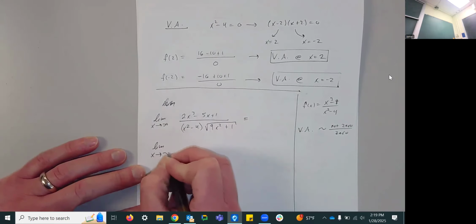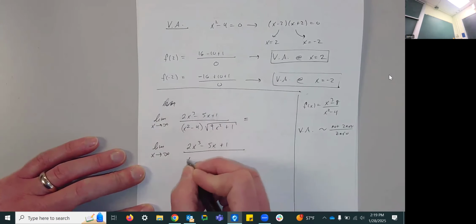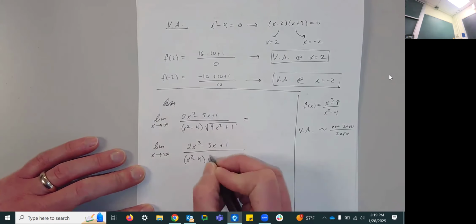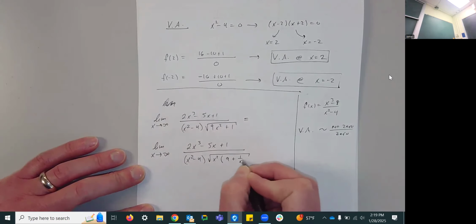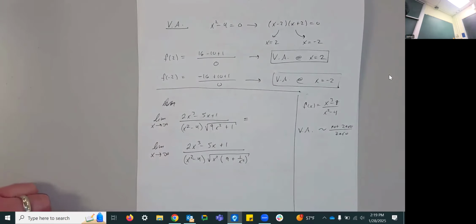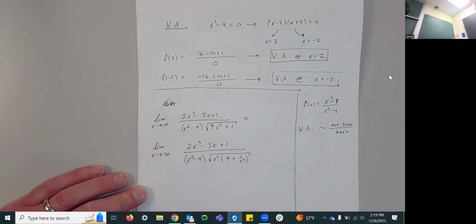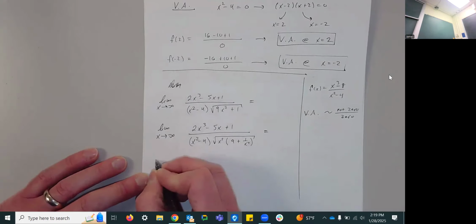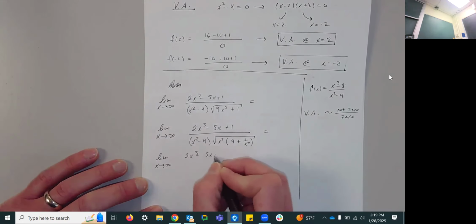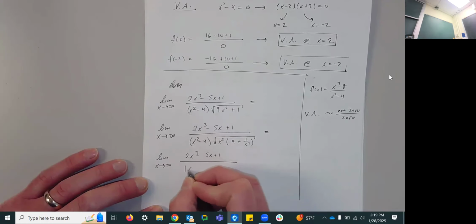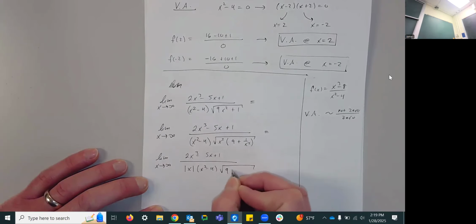So we're going to have the limit as x goes to infinity of 2x cubed minus 5x plus 1 over x squared minus 4 times the square root of x squared times 9 plus 1 over x squared. Seems valid. It is. And then the x squared comes out as the absolute value of x. So we're going to have the limit as x goes to infinity of 2x cubed minus 5x plus 1 over the absolute value of x times x squared minus 4 times the square root of 9 plus 1 over x squared.